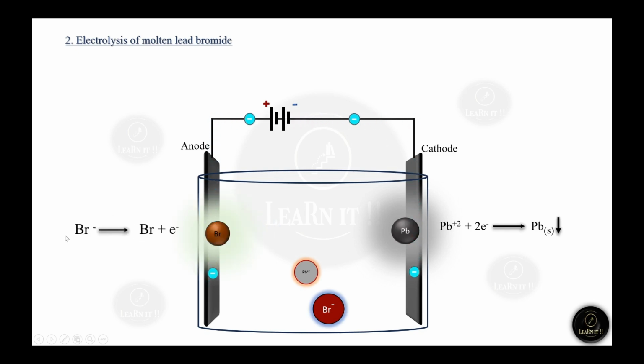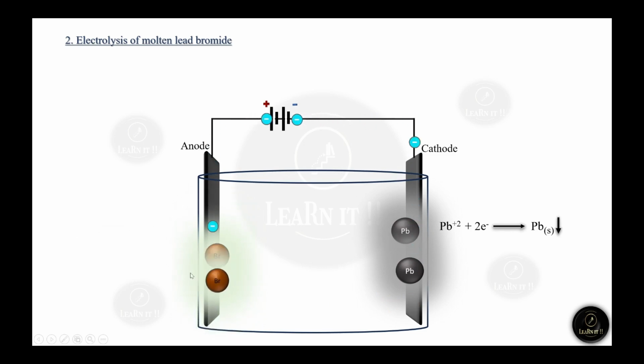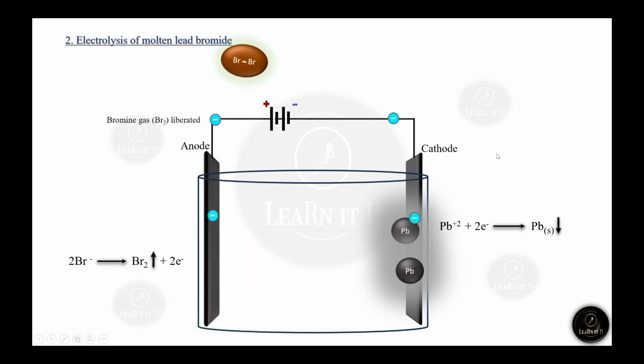Bromide ion is converted into bromine atom. Like that 2 bromine atoms combine to form bromine gas. So electrolysis of molten lead bromide gives lead at the cathode and bromine is liberated at the anode.